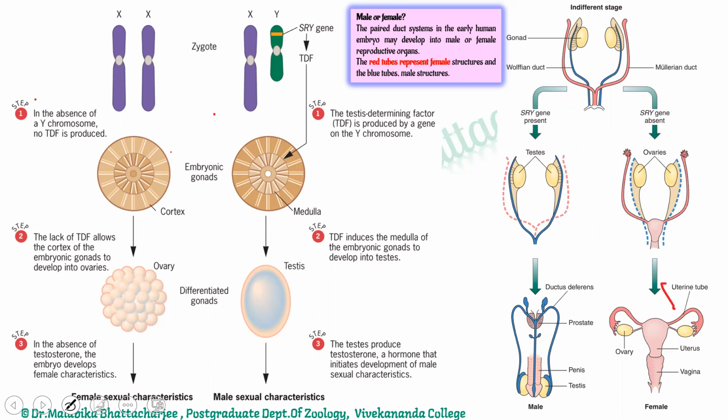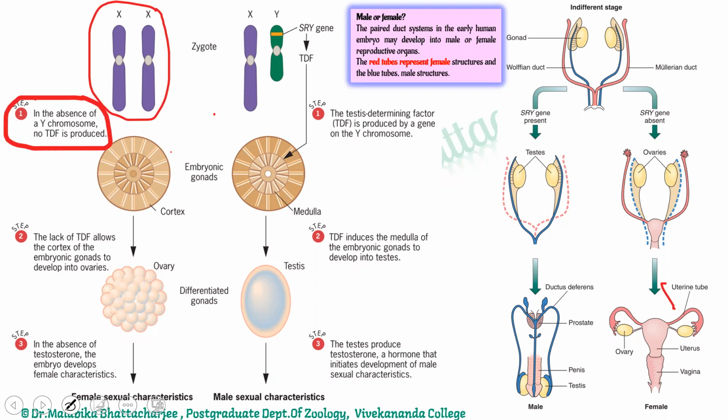Now let us see how Y plays an important role in determining the sex of an embryo. Let's start with the females, because females are homogametic and have two X chromosomes. The Y chromosome has a gene known as the Sry gene.